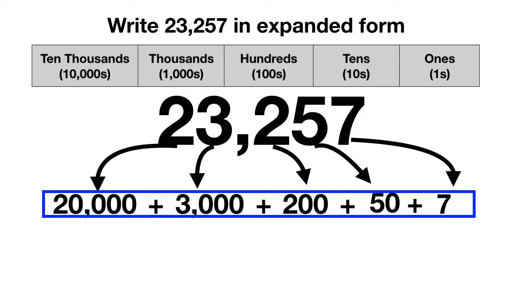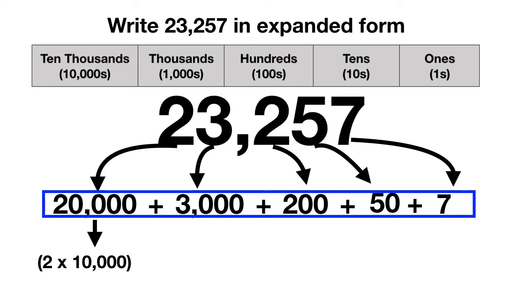What you could do is expand everything a little bit further. For example, let's look at our 20,000. Instead of writing 20,000, we could show that 20,000 is 2 groups of 10,000s. It's a 2 in the 10,000s place.